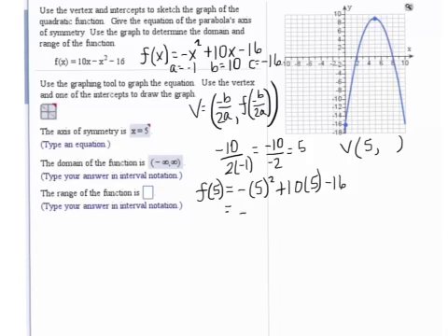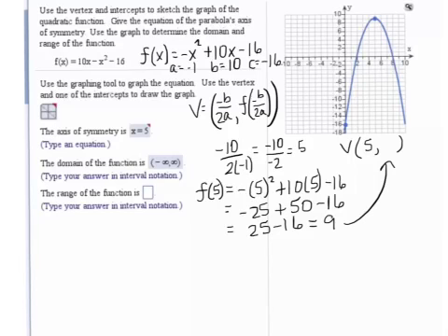So that's negative 5 squared, which is 25, plus 10 times 5, or 50, minus 16, which gives us negative 25 and positive 50 will give me a positive 25, and then minus 16. I do mine one step at a time. If you can do those all together, that's fine. And that equals 9. So that is our y-coordinate.